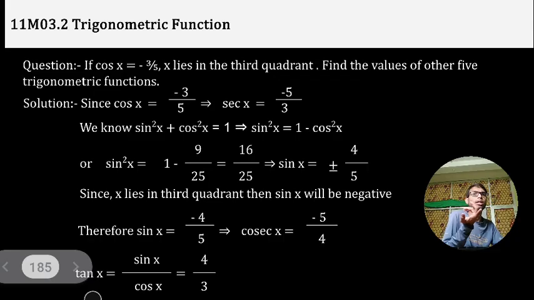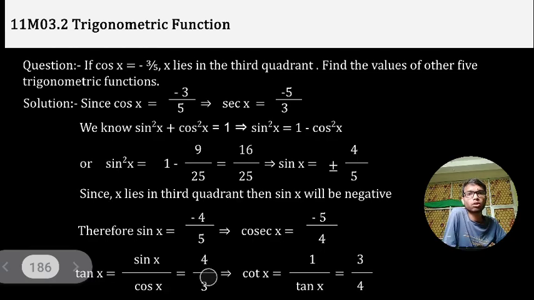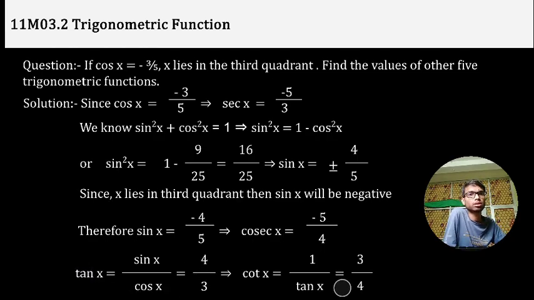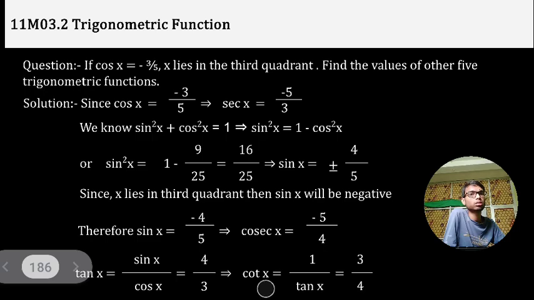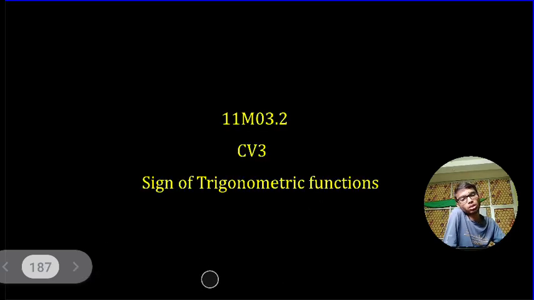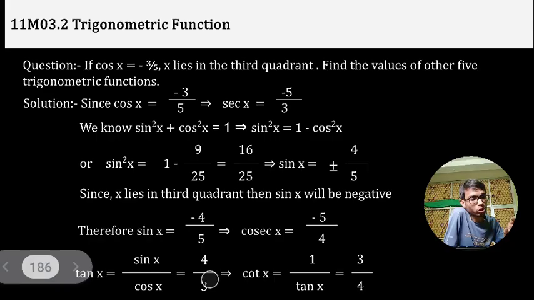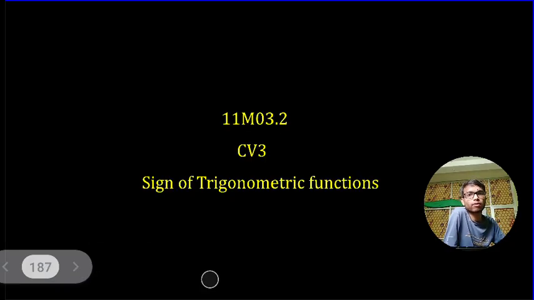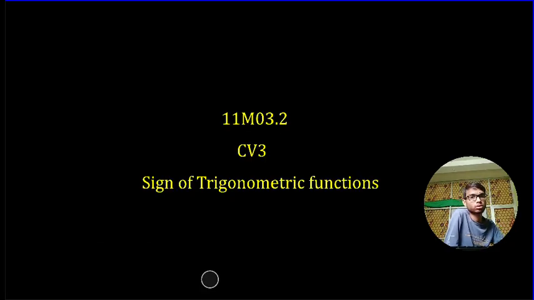In the second quadrant, sine and cosec will be positive. In the first quadrant, all trigonometric functions will be positive. So the reciprocal of this would be cot x, 3 upon 4, just opposite of this. Now this is done. Now we are going to see the signs of trigonometric functions in the quadrants.